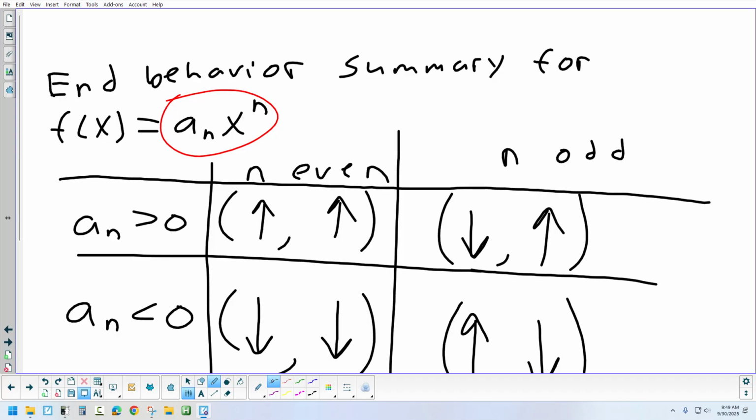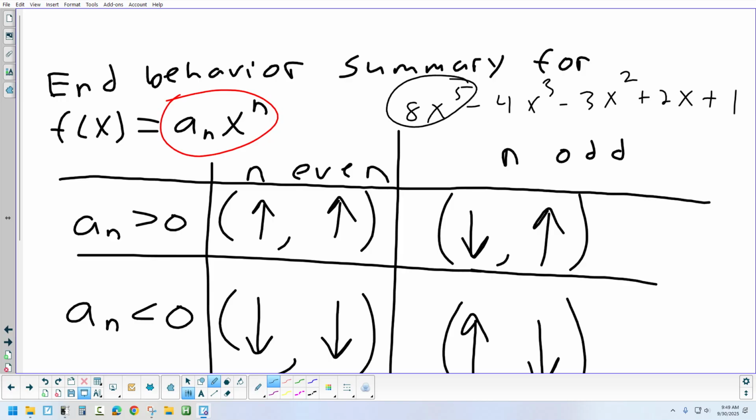So if I'm looking at something like this, you might think, boy, that's a complicated one. It's got a lot of terms in it. Most of those terms don't make a difference to the end behavior. The only one that's going to affect the end behavior is this one.